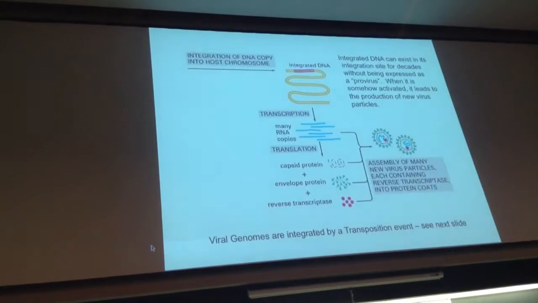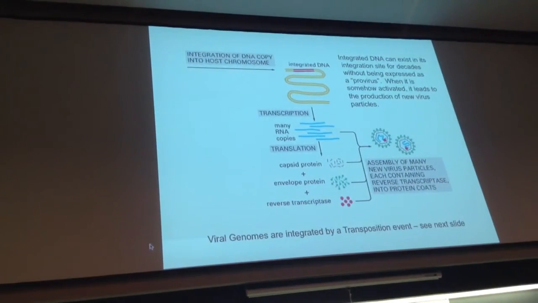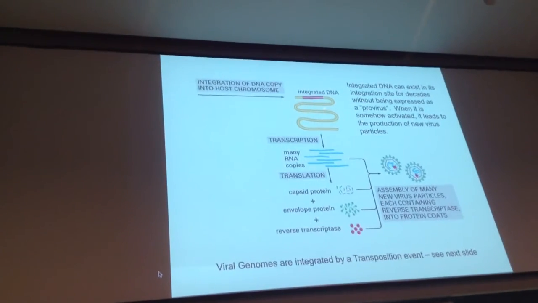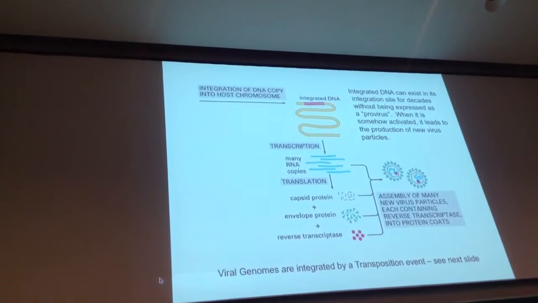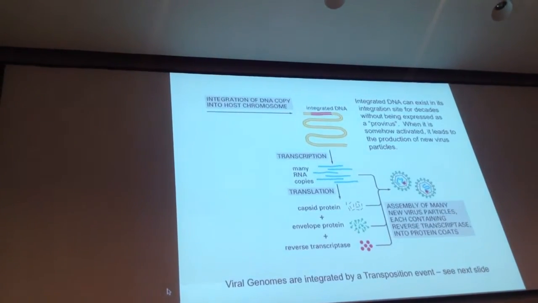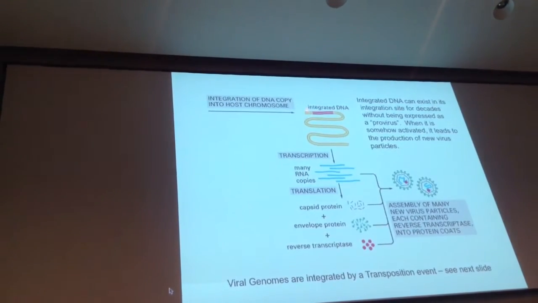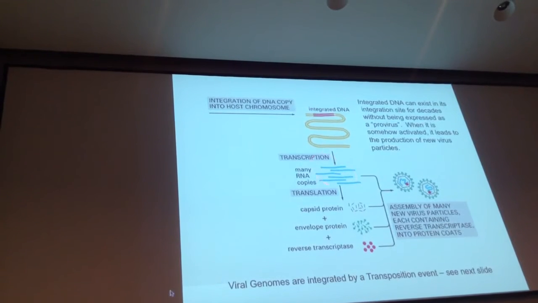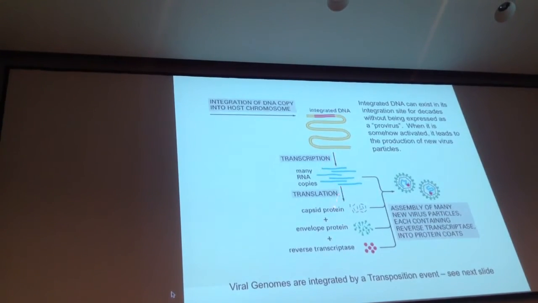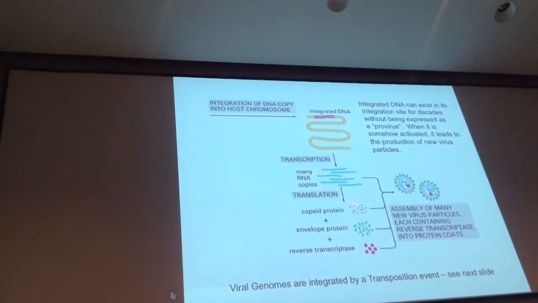Something happens along the way where this thing that's in there begins to be expressed. The gene nearby is turned on, it's translocated, so it moves into a different part of the chromosome in front of a promoter. Different things can happen, but once it's in front of a promoter, then this becomes actively transcribed into RNA. Some of that RNA serves as template for protein synthesis to make proteins, capsid proteins.